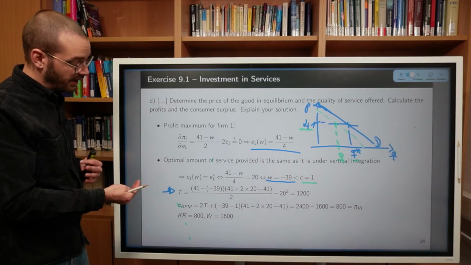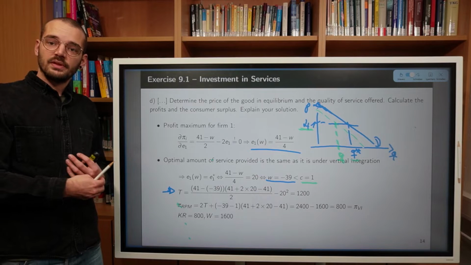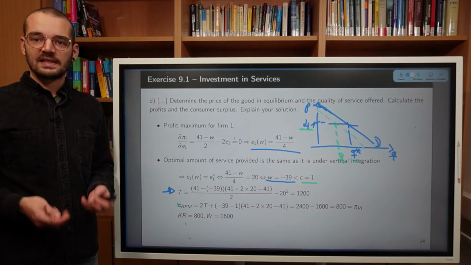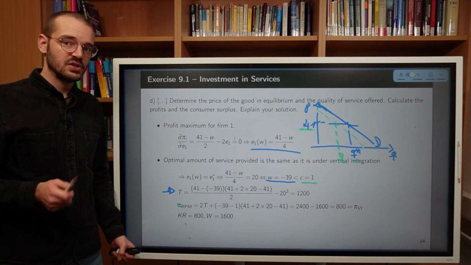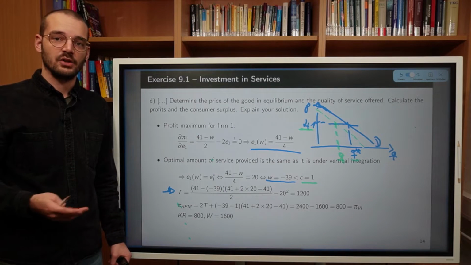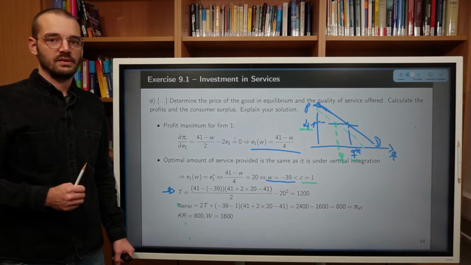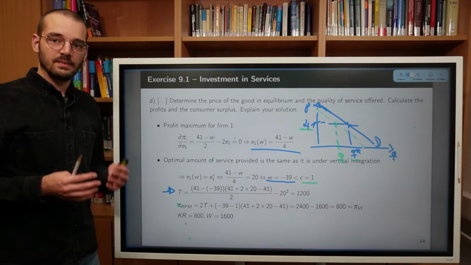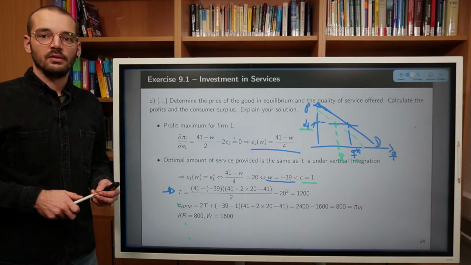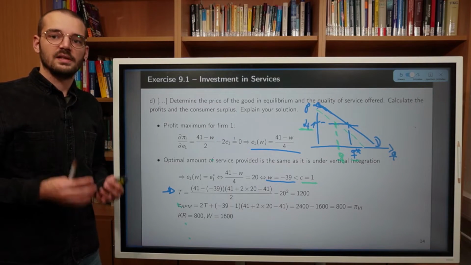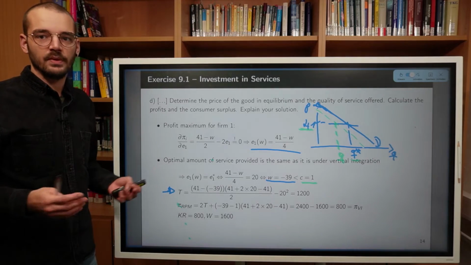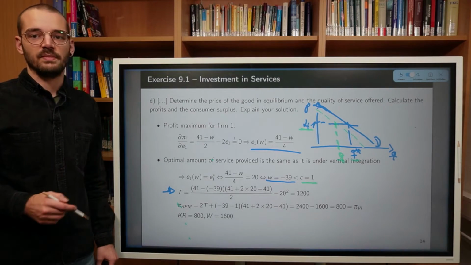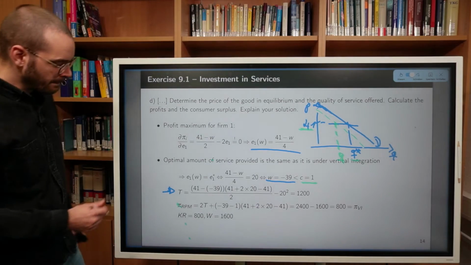Because, same argument as before, upstream is choosing the profit maximizing franchise fee T, so they are choosing T as large as possible under the constraint that the participation for downstream still makes sense, meaning that the profit downstream must be non-negative.